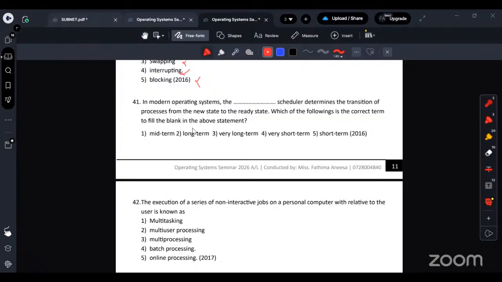See, this is a 10-year-old past paper question. See how they have been tested. Many people get confused on the scheduler part.